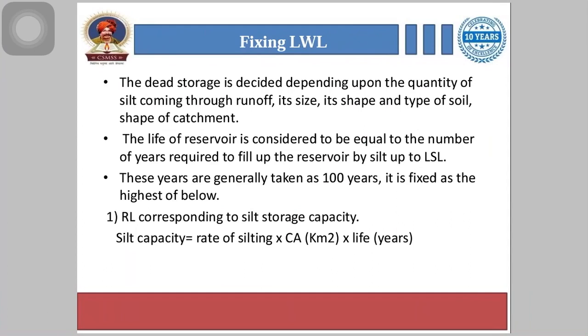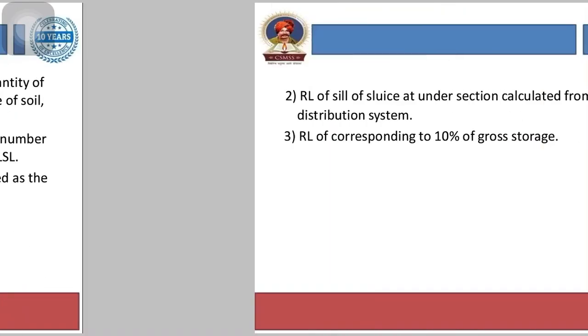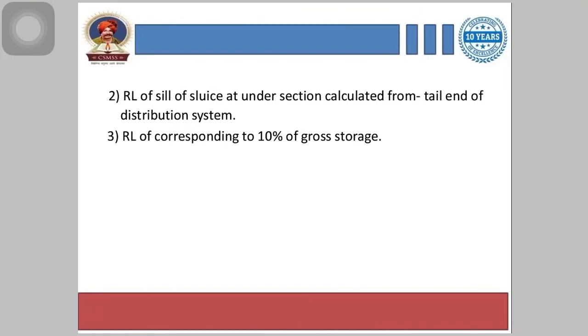It is fixed as the highest of the following. Reduced level corresponding to silt storage capacity, where silt capacity equals rate of silting into catchment area in kilometer square into life in years. Then reduced level of the sill of sluice at the under sluice section, calculated from the tail end of the distribution system. Then reduced level corresponding to 10% of gross storage.